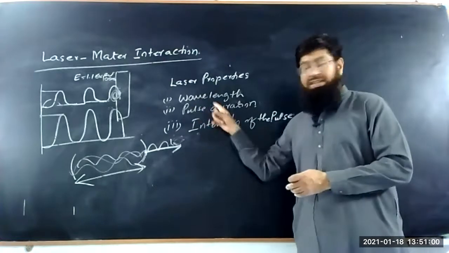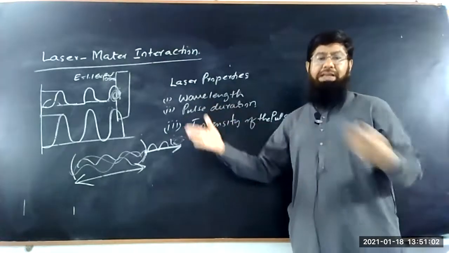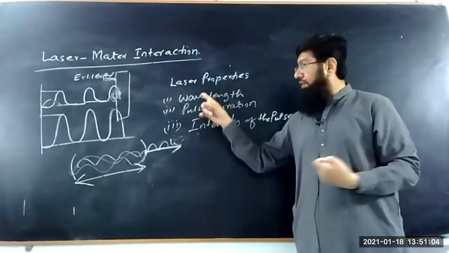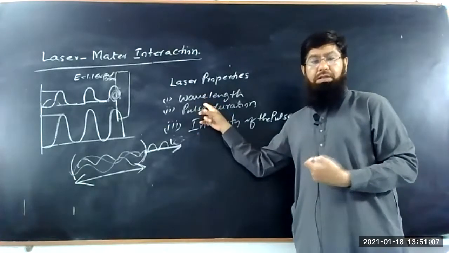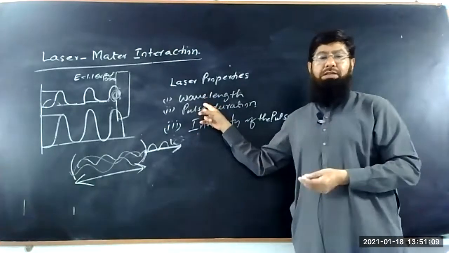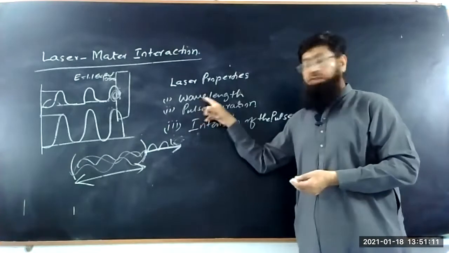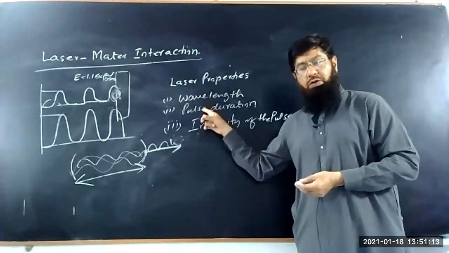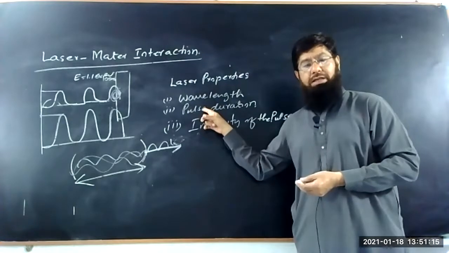So if the wavelength is large, most of the light is reflected back. If the wavelength is small, the maximum light can penetrate into the material. So the wavelength plays an important role for laser ablation, for the laser material interaction.